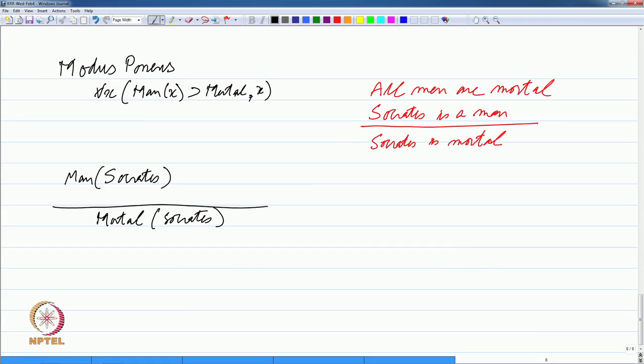So, what do we do? We first apply the new rule that we have just learned, which is the rule of universal instantiation. This rule says that in any formula which has a universally quantified variable x, I can replace x with anything I want from the domain. In particular, I can replace x with Socrates. So, I get a new sentence, which says that man Socrates implies mortal Socrates.